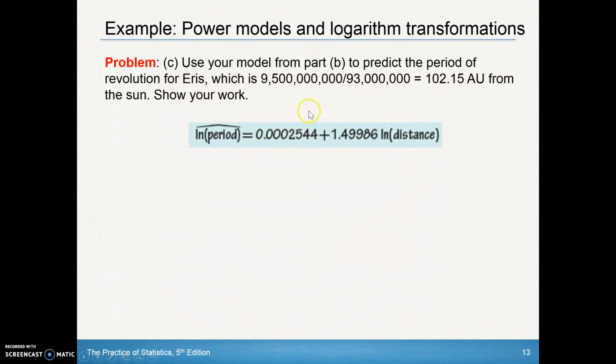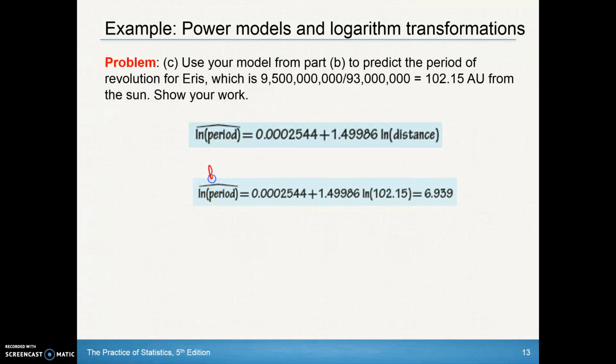And then we can use this to predict as well. So we'll look back at Eris, which was 9.5 billion miles, or 102.15 astronomical units from the sun. What we can do is put that 102 in for the distance, do a little calculating here, and find out that the natural log of the period, the natural log of y, is equal to 6.939.